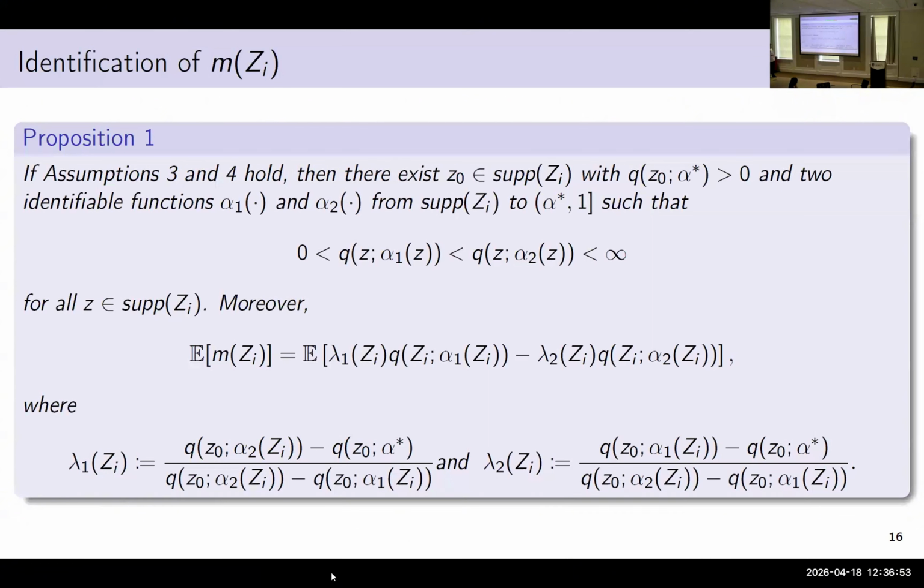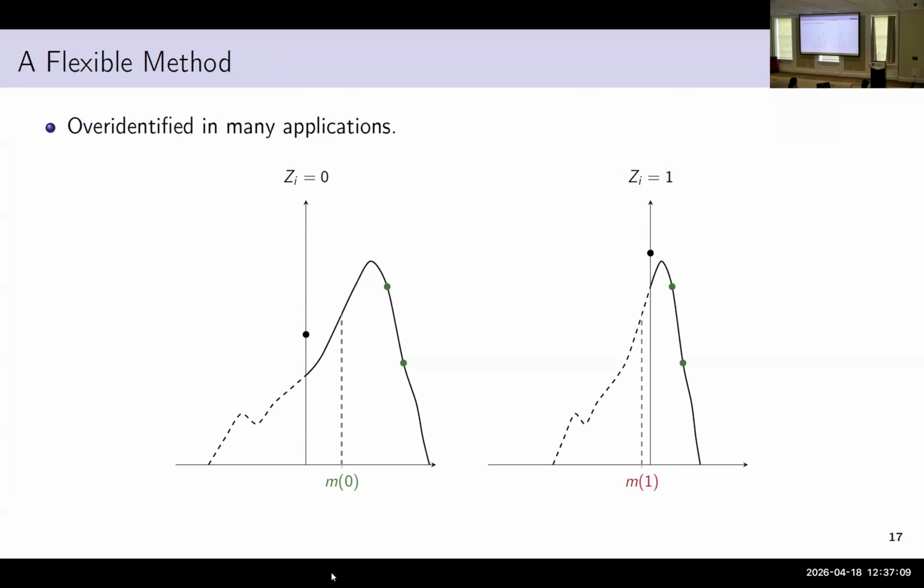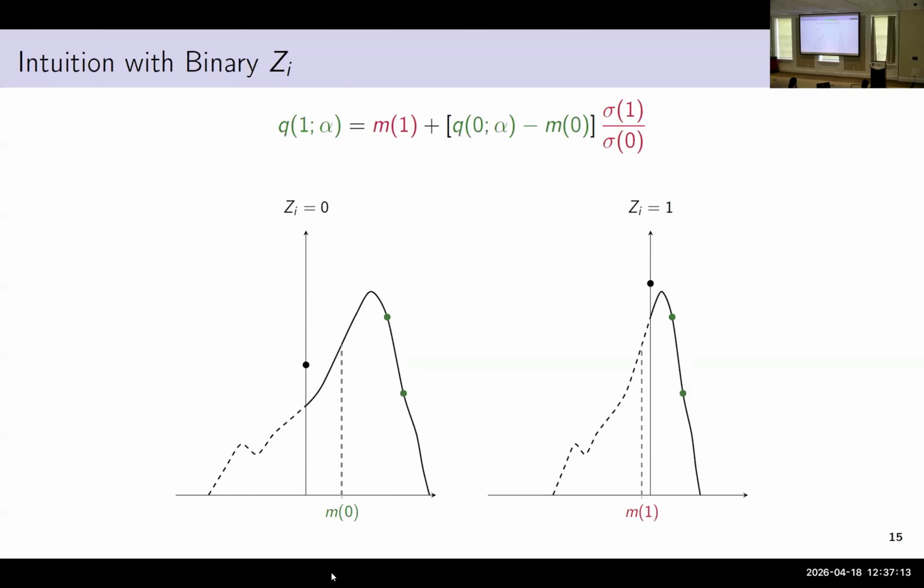It's a combination of quantiles with linear coefficients, and to find them you just have to compute a bunch of other quantiles. Hopefully you got how I'm identifying this in this case.